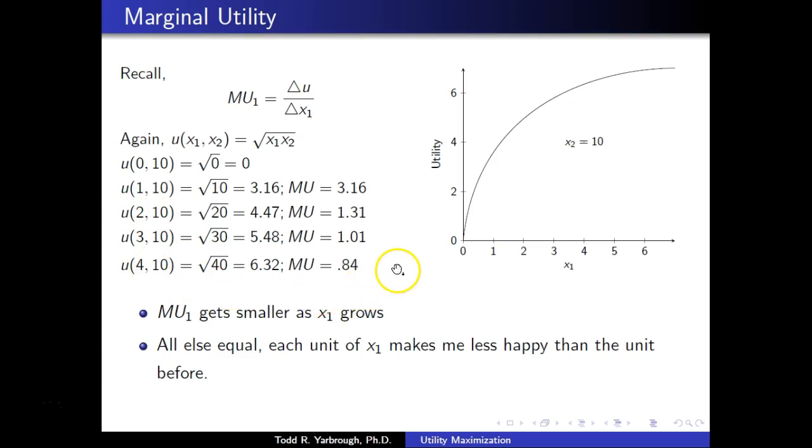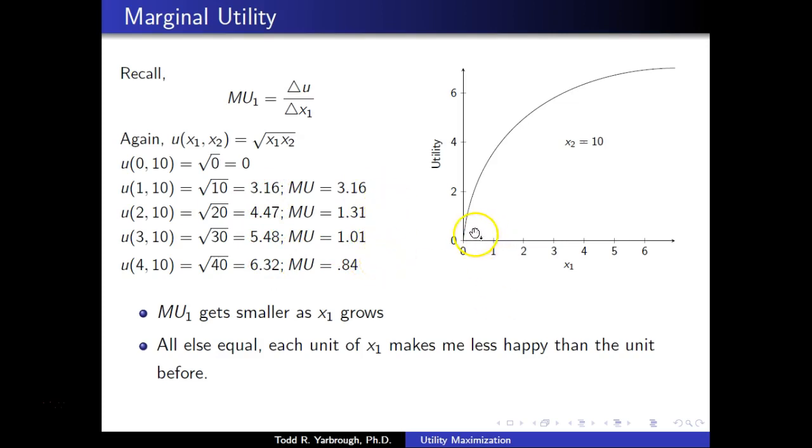Of course, what we're more interested in than just utility is we're interested in marginal utility. And we can see that marginal utility is falling. So in other words, as I consume additional units of X1 when I'm consuming none, I can see that my happiness rises considerably. But then as I continue consuming additional units of X1, I'm still happier. My utility is rising, but my utility is rising by less than it was. So incrementally, it's actually going down.